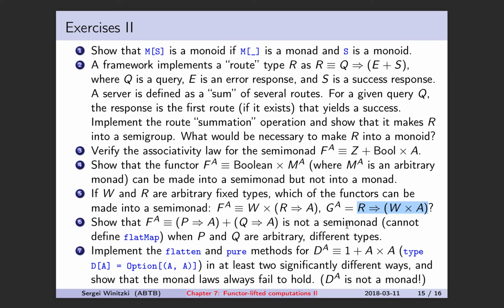And if so, show one of them. I expect this one to be not a semimonad, because the type cannot be implemented. So similarly here, show that you cannot implement the type necessary for flat map or flatten, whatever you choose.